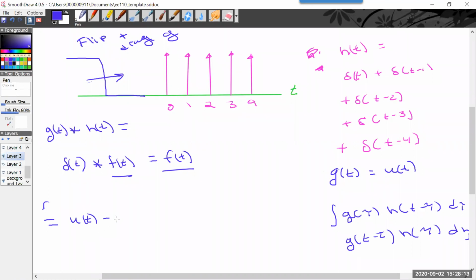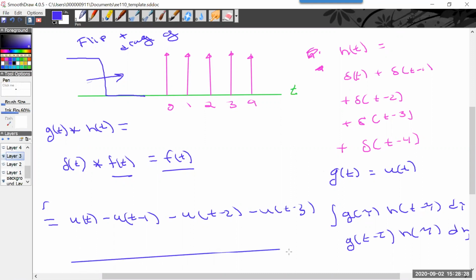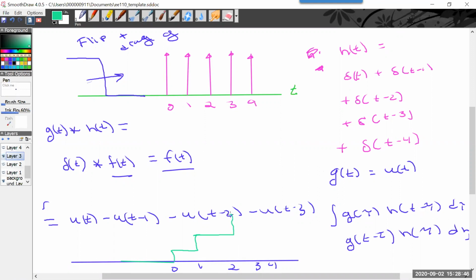And then we just scale each one, all the way to 4. And if I were to plot this, I get a staircase function.